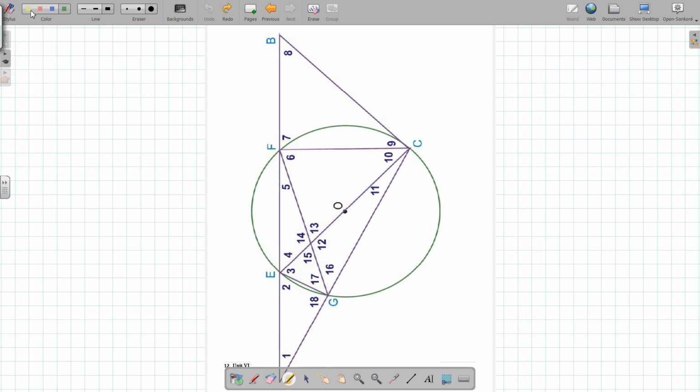So the first thing you want to do is E to C is a diameter. So we're going to trace, stretch, sweep that 180 going one way, trace, stretch, sweep the 180 going the other way.